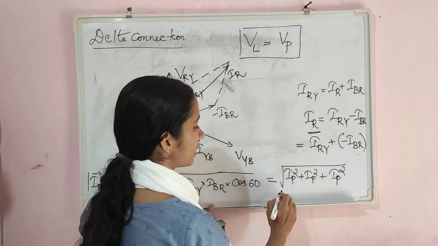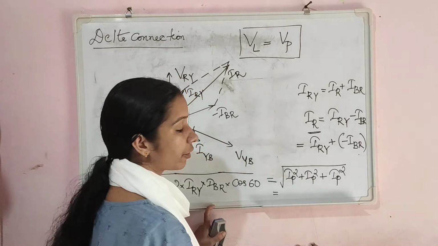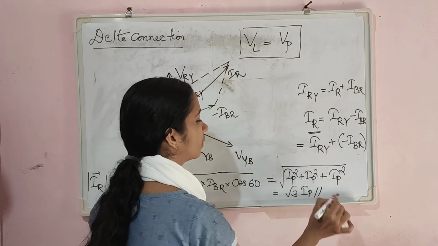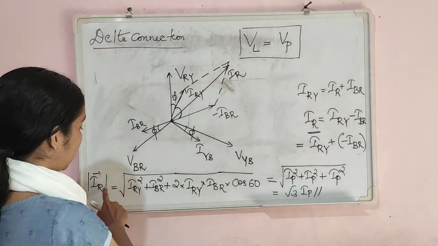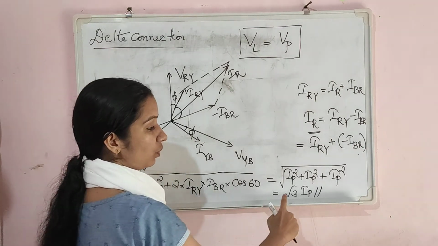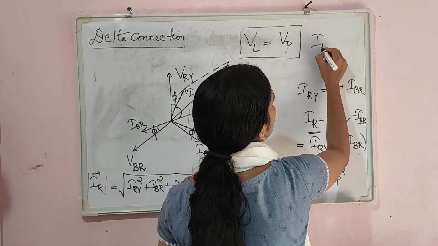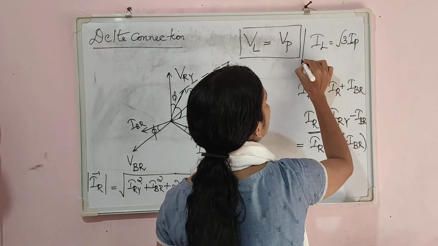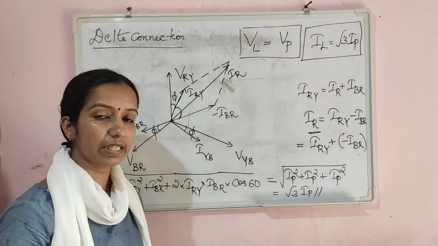So we will get square root of 3 IP square, or root 3 into IP. So that means in a delta connected system, the line current will be equal to root 3 times the phase current. IL is equal to root 3 IP. So this is the relationship between line current and phase current in a delta connected system.